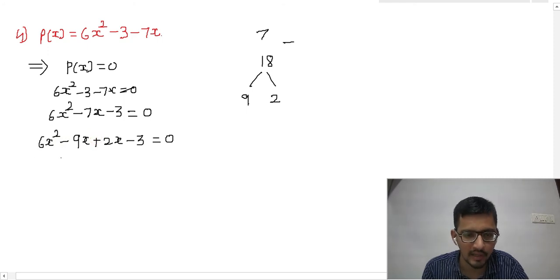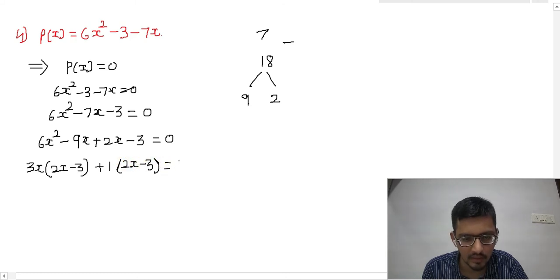Now from the first two terms, what common can I take? 3x common, so the bracket is 2x minus 3. Plus, from the other two terms, by default 1 is common, so the bracket is 2x minus 3, equal to 0. These two brackets should come exactly the same after factorizing, so that you write it a single time and combine the remaining.